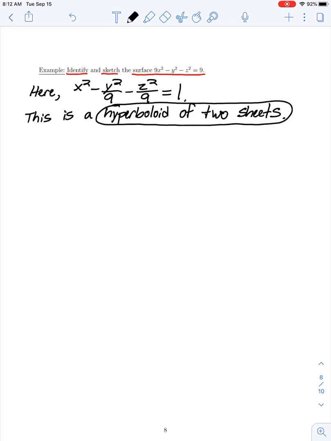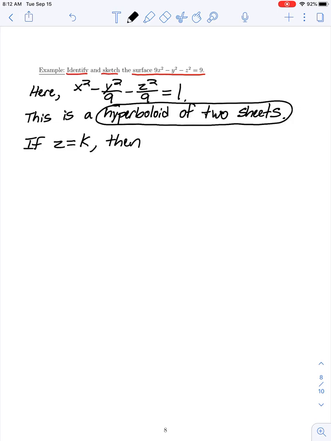Now here we're also told to try to sketch this surface. So when we're trying to sketch a quadric surface, like we were doing in our general discussion, we might consider traces of our surface in different coordinate planes, or planes parallel to the coordinate planes. So let's consider our traces here in horizontal planes, so something of the form z equals k.